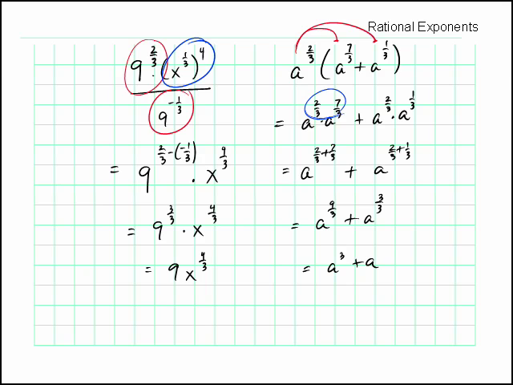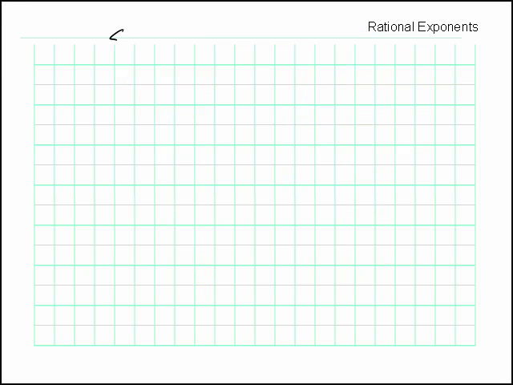Okay, now let's look at some with radicals. Simplify. The cube root of x squared times the 4th root of x. To multiply these two radicals together, what I can do is first write them as fractional exponents. The cube root of x squared as a fractional exponent is x to the 2/3.